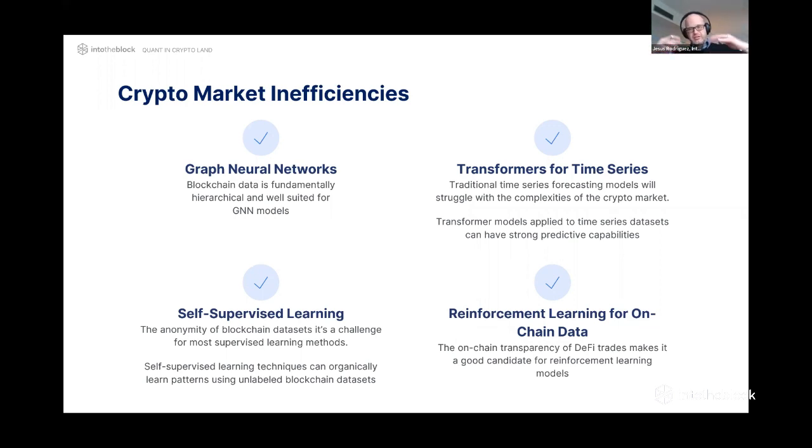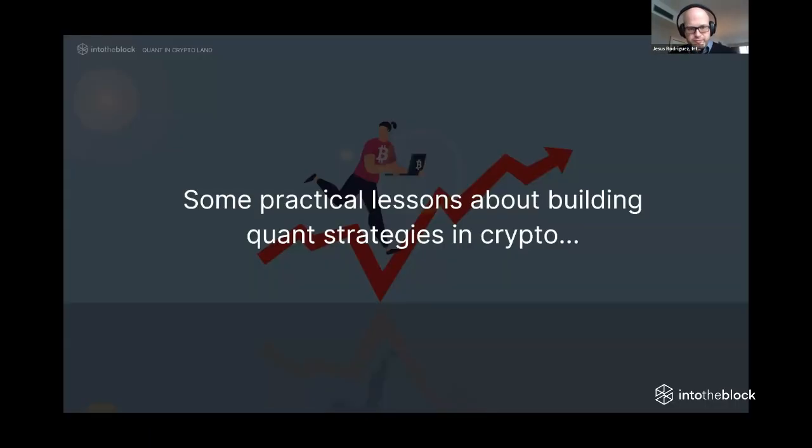Reinforcement learning models learn by trial and error: they try something, they get a reward, and based on that reward, they perfect the actions. So you can think of reinforcement learning models looking at all sorts of DeFi trades and learning new things by just trying and getting rewards.